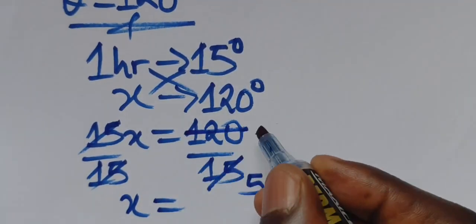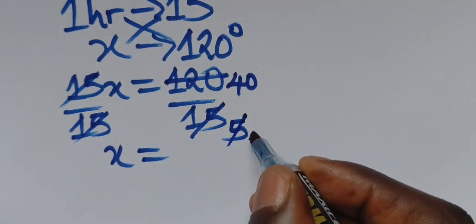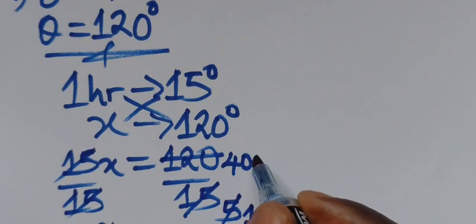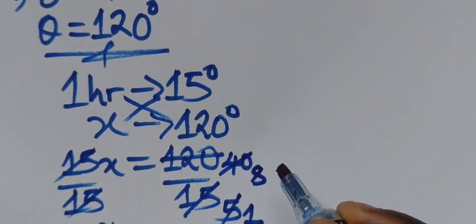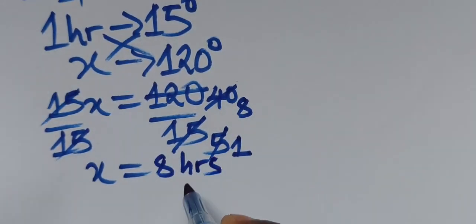And 3 into 120 gives 40. And then 5 into 5, we get 1. 5 into 40, we get 8. So x is equal to 8 hours.